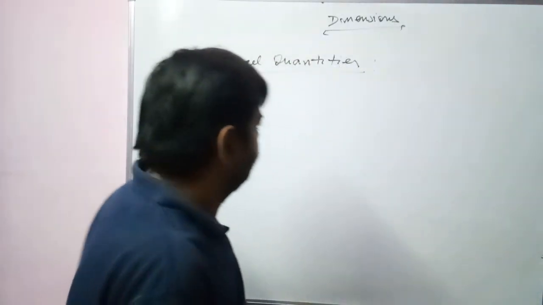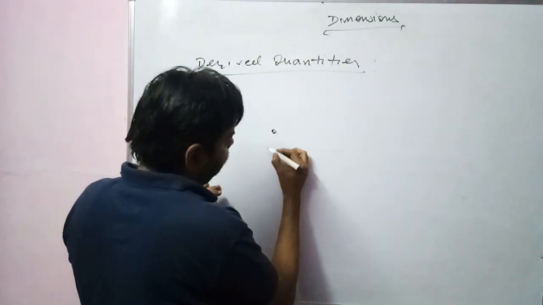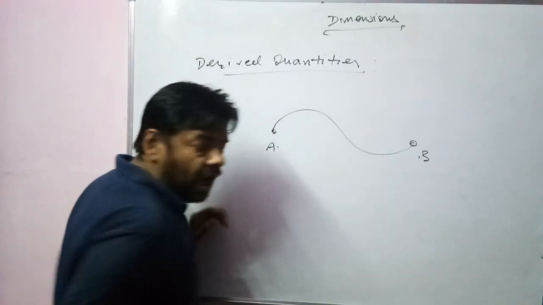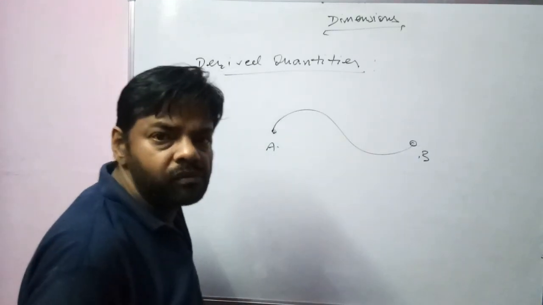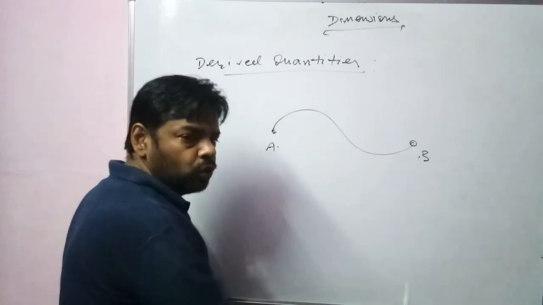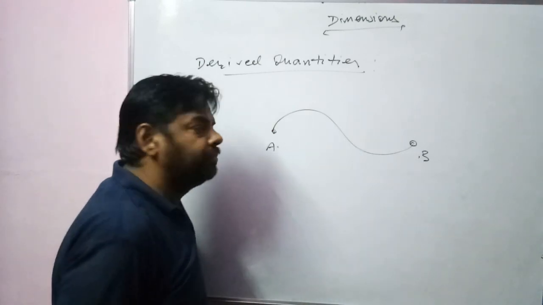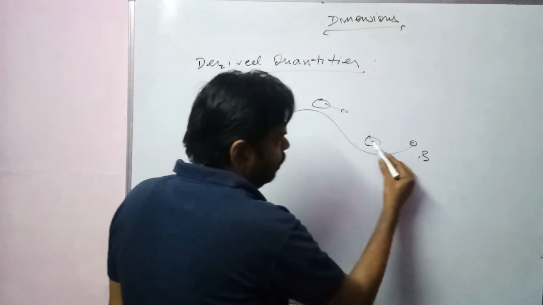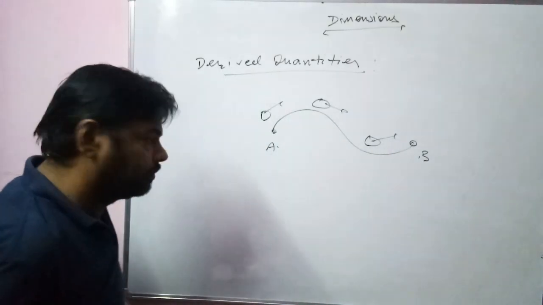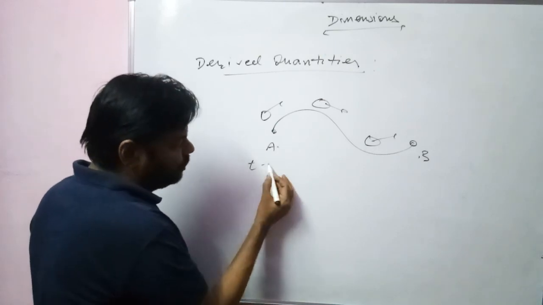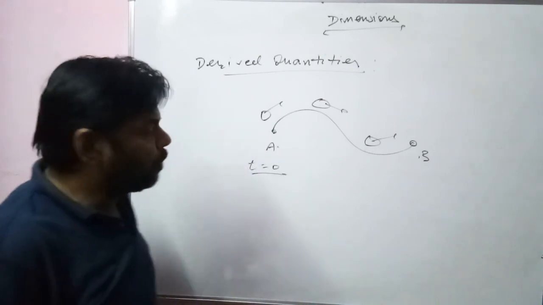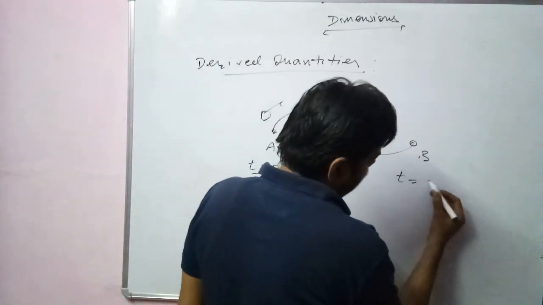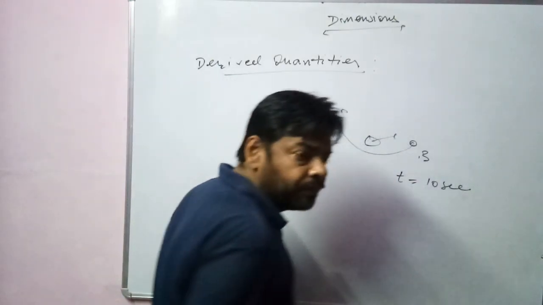For example, let us suppose there are 2 points A and B, and there is a path which exists between these 2 points. Now let us suppose a body is moving along this curved path, and this body started its journey from point A at time t equals 0, and arrives at point B at time t equals 10 seconds.